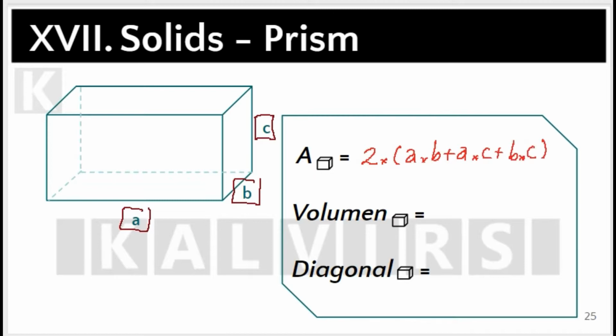The volume of a rectangular solid is the product of its edges, A times B times C. The diagonal of the rectangular solid is this line. Let D be the diagonal of the rectangular solid. What's the diagonal of the rectangular solid in terms of A, B, and C?